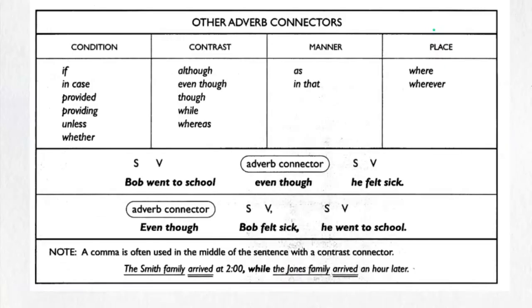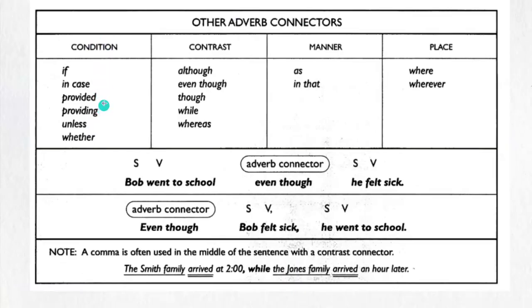Now we have other adverb connectors, such as ones that show a condition, like all of these ones: if, in case, provided, unless, whether. Now pay attention to these two words. They might cause confusion because they can be taken as the verb.